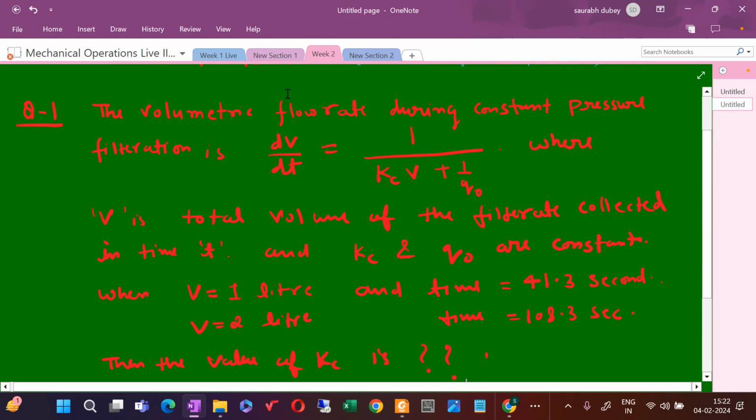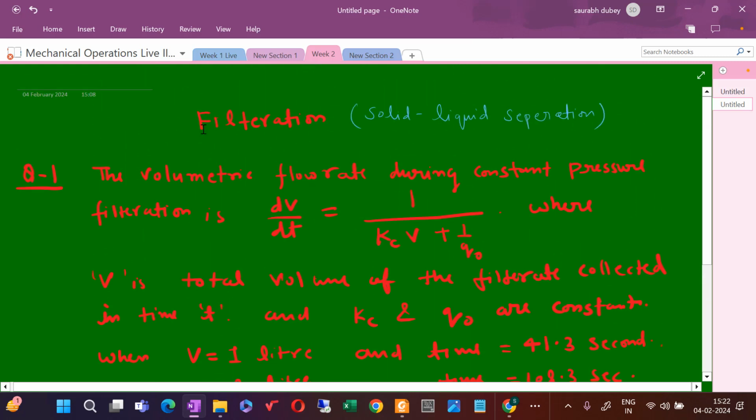So this is nothing but the compact form. This is the main equation that you had, dt by dv.